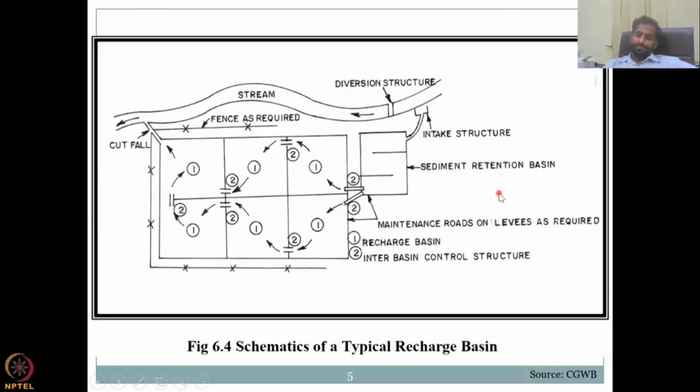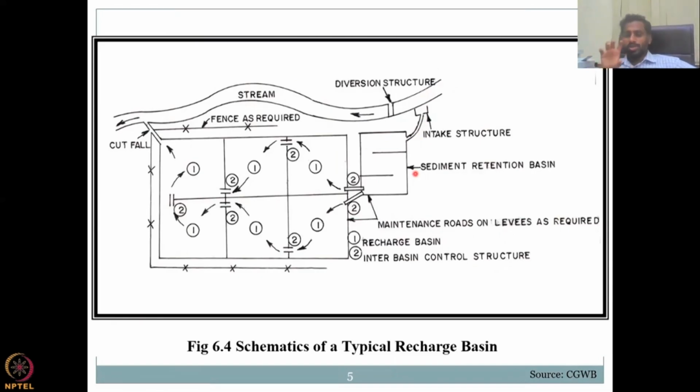So here you have the water flowing, and then there's an intake structure. Okay, so there is water coming in, and you take it for the sediment retention basin. The first aspect is you divert the water; part of the water is coming down, whereas most of it is going in a parallel fashion. And then the water which is coming down in the intake goes into the sediment retention basin, where it is allowed to rest.